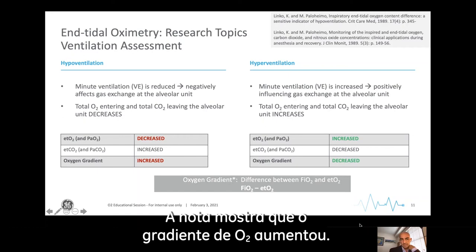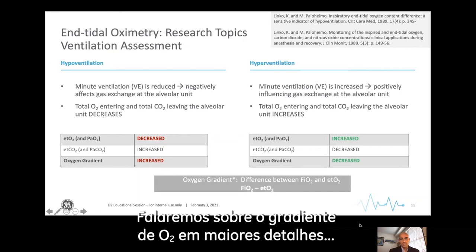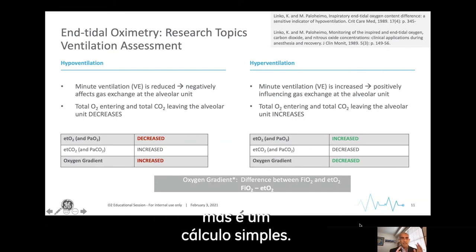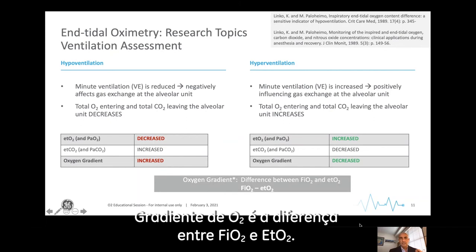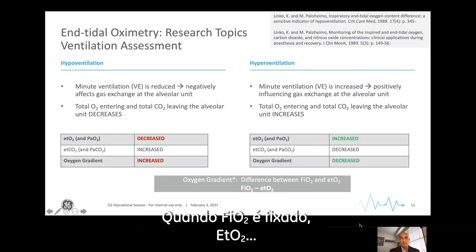There is a note of the oxygen gradient here showing that it's increased. We'll focus on the oxygen gradient in a little bit more detail, but at a high level, the oxygen gradient is a simple calculation: the difference between the FiO2 and that of the end tidal O2. So as FiO2 is fixed, end tidal O2 changes up or down.